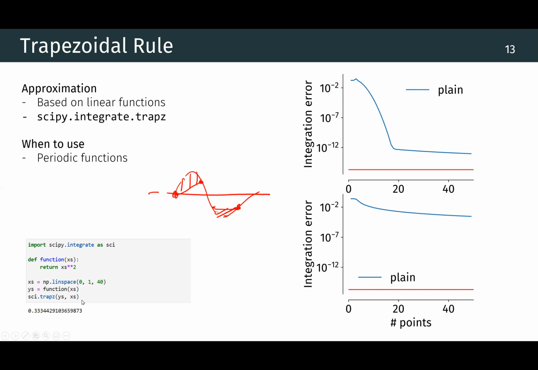Calculate the function values, and then you calculate the integral with the trapezoidal rule. Now, if you remember that for all the other methods this was pretty much 1/3, you see the precision is awful for the fact that you had to use 40 points. So for anything non-periodic, if you can avoid it, the trapezoidal rule typically isn't what you want.